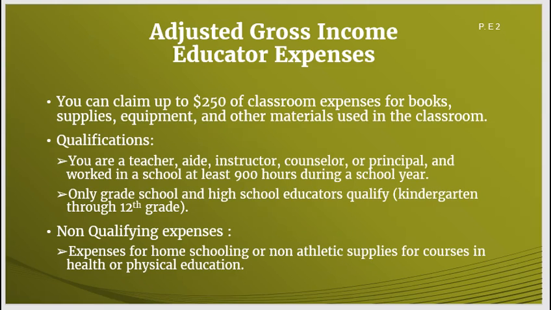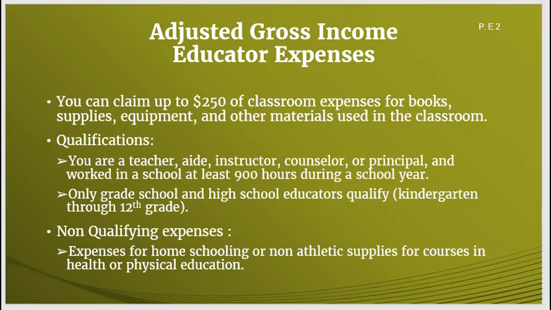So let's talk about educator expense. An educator that works K through 12 can take certain expenses related to things that they've bought for their classroom. They can claim up to $250 of classroom expenses for books, supplies, equipment, and other materials used in the classroom.